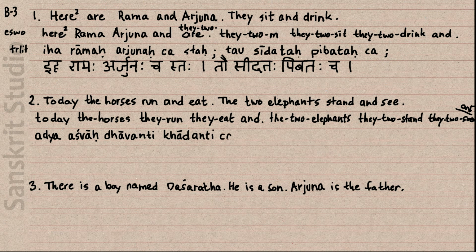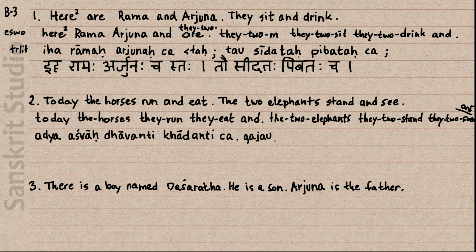And then we do the cha there. That, and then we have the two elephants. We have one elephant is Gudjaha, but two elephants is Gudjo, the dual form here. Two elephants.